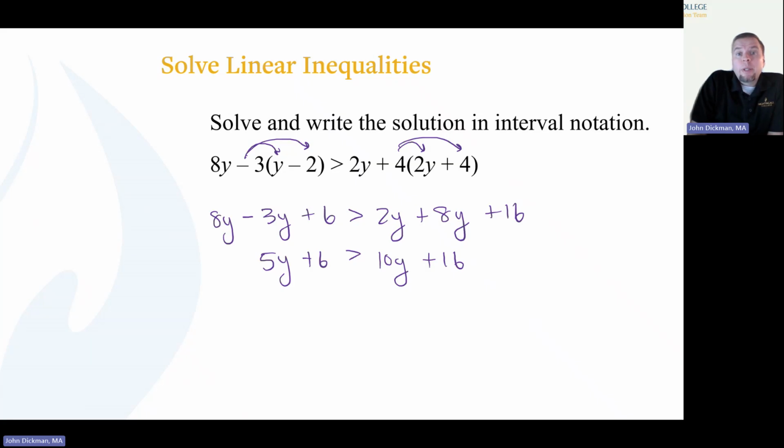Now I know that when we solve equations, I say that I would like the variable to have a positive coefficient. But with inequalities, I think it's more important that your variable's on the left side of the inequality. So I am going to subtract 10y from both sides. Gives me -5y plus 6 is greater than 16.